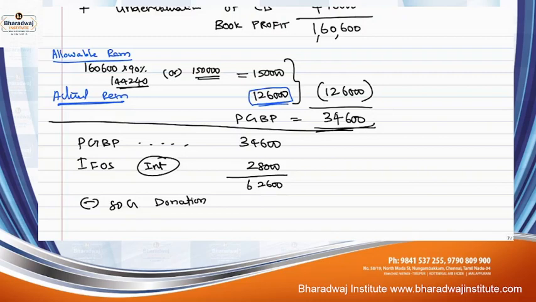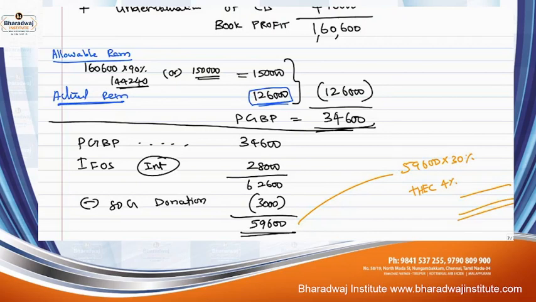Is the donation without limit or with limit? Without limit, 3,000, 100% deduction without limit. So you will get 59,600 as the taxable income. On that you have to pay 30% tax. Tax will be 59,600 into 30% plus HEC at 4%.